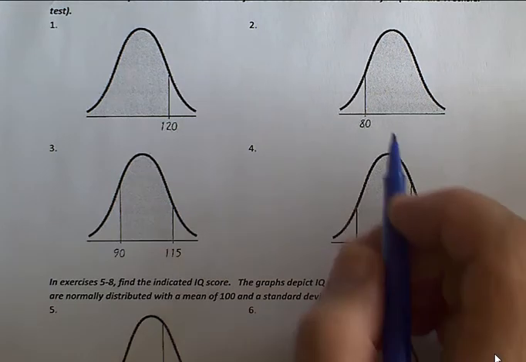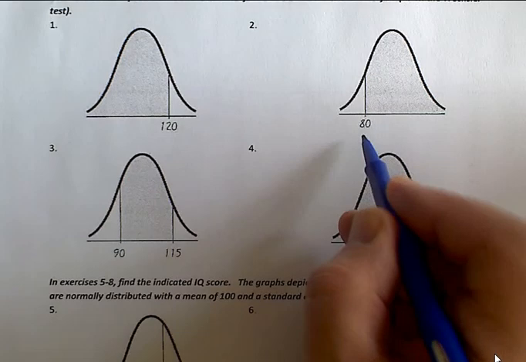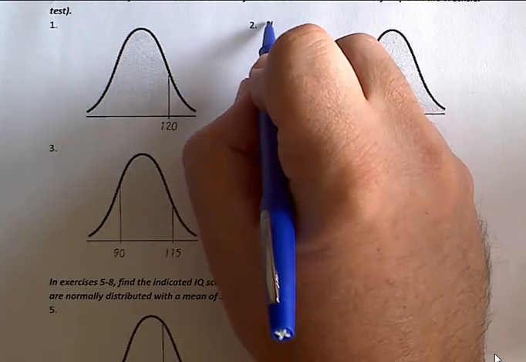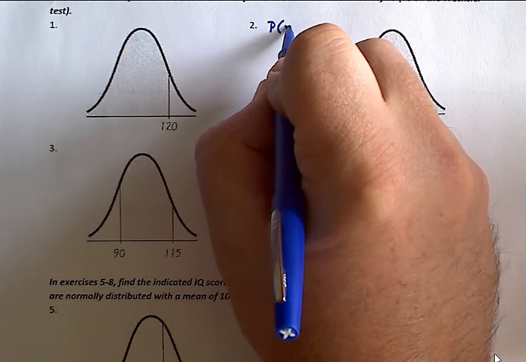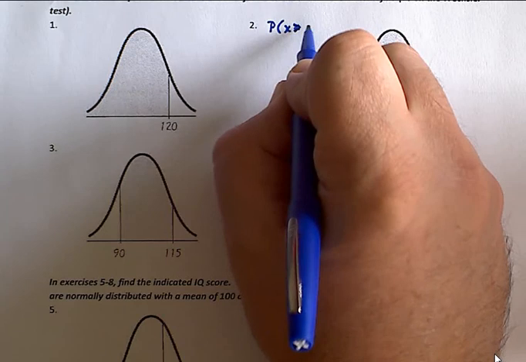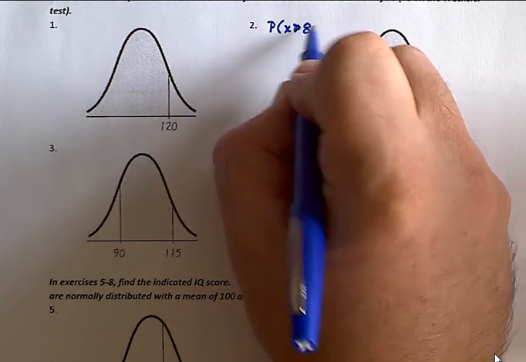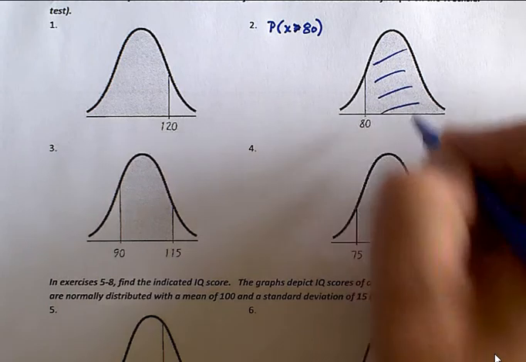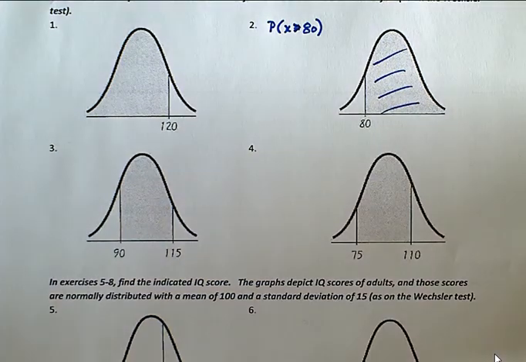So I can see that 80 is less than 100. So the probability that x is less than, or excuse me, this is a greater than problem. The shading's a little bit easier to see on this, but here's my shading. What's the probability of getting someone that has a score greater than 80?